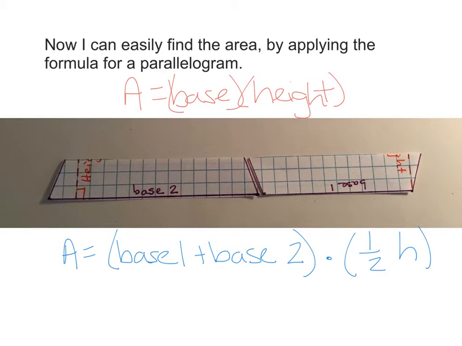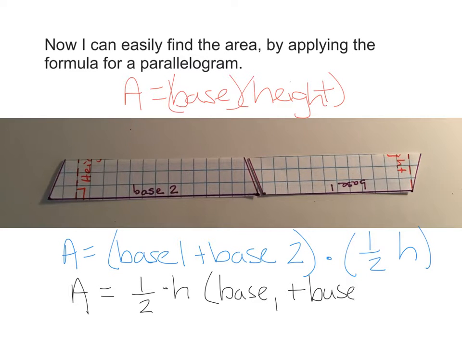The way you will see this when you see area of a trapezoid formulas is you'll see 1/2 times the height, and this base 1 plus base 2 will be written this way. They'll have base sub 1 plus base sub 2, which basically means base 1 plus base 2. So that is your formula for a trapezoid.